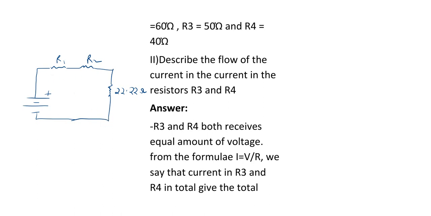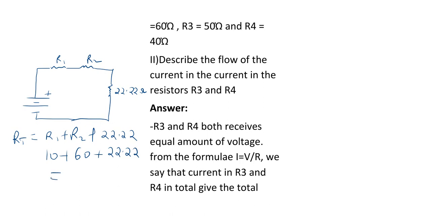In series, we add the individual resistances. So RT, the total resistance, will be R1 plus R2 plus 22.22. R1 is 10, R2 is 60, and the other one is 22.22.